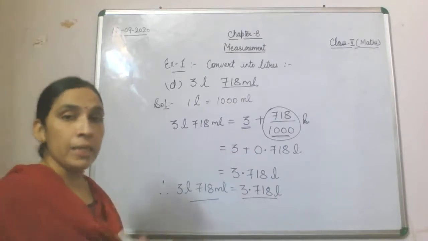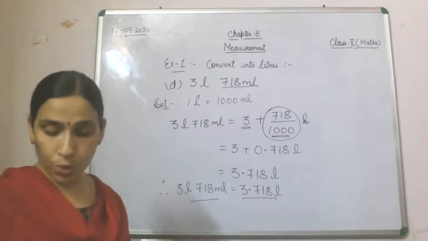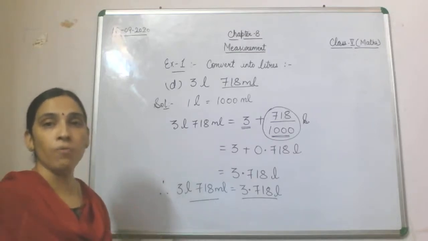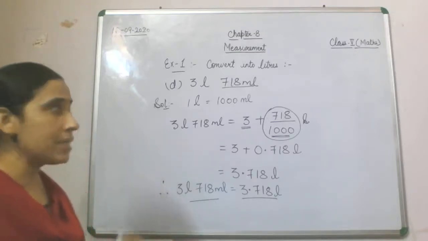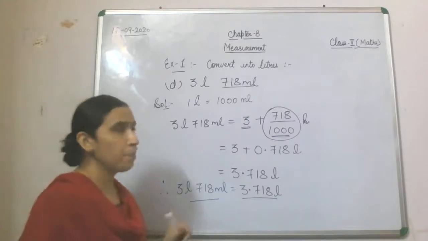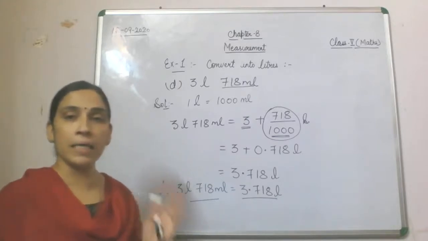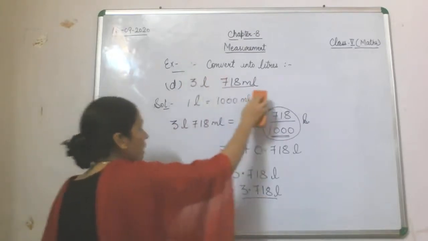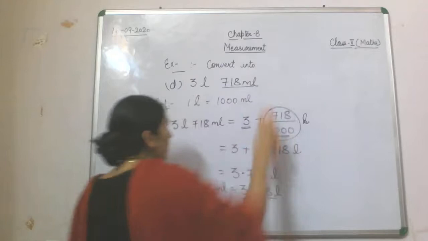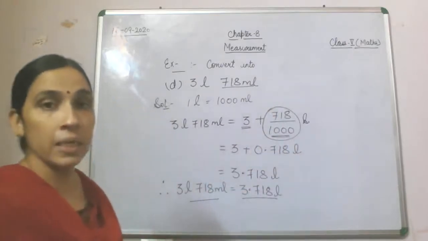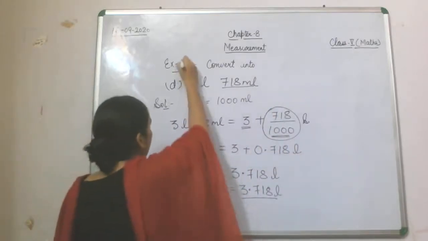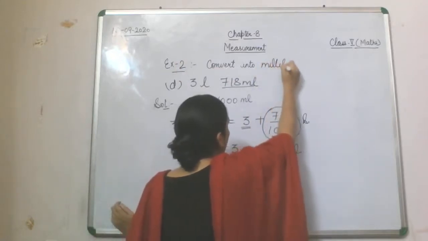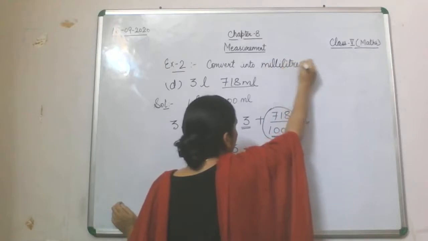Now the second kind of conversion which you are supposed to do in this measurement of capacity is when a bigger unit is given and you are supposed to change it into a smaller unit. So we'll start with that concept, example 2, convert into milliliters, that we are going to see.